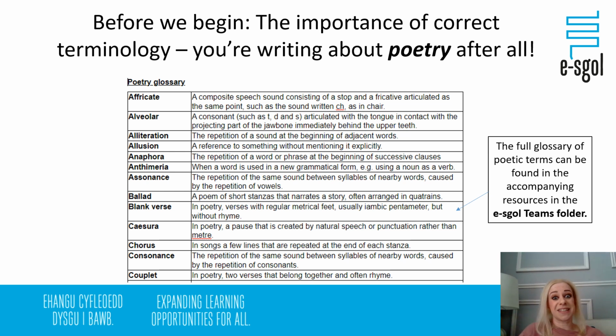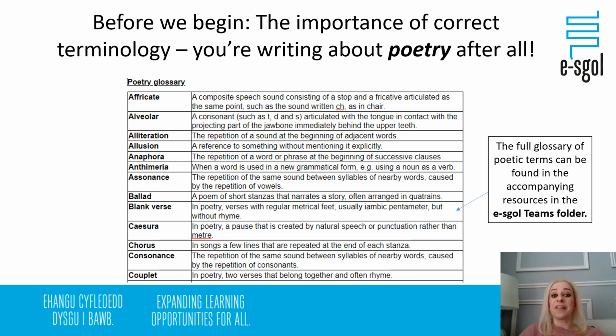Now, it may seem silly and self-explanatory, but what I mean by this is not only the technical terms, but also those basic poetic terms, referring to it as a poem, referring to them as stanzas rather than paragraphs or sections, referring to quotations, referring to the narrator or the speaker or the poet rather than the author. So we must make sure that we know, and we're showing the examiner we know, that this is a poem at all times. That's the first part.